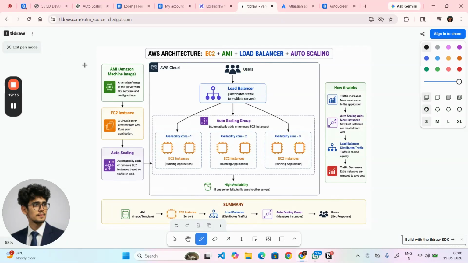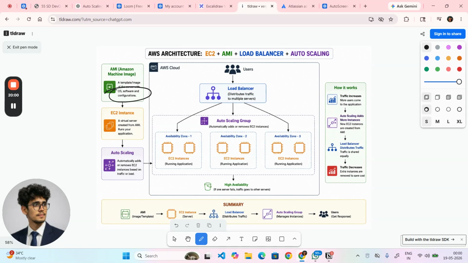So here you can see AMI, Amazon Machine Image, which is nothing but like a template or a blueprint of your server. That server is nothing but an EC2 instance with operating system, software, and configurations. Whenever you are going to create any instance, guys, you need to go with certain important things: they are OS, software, and configuration, right?